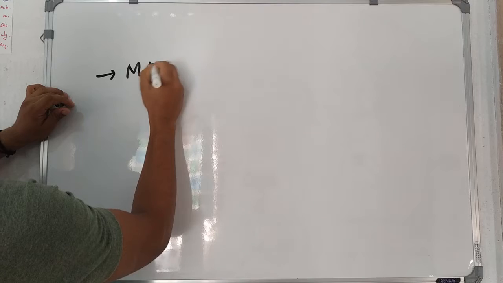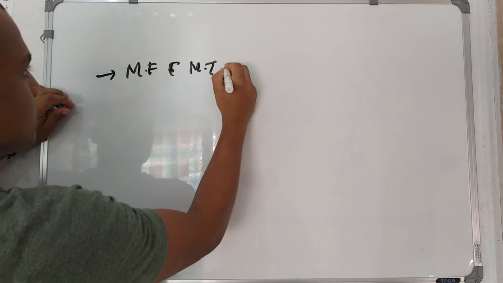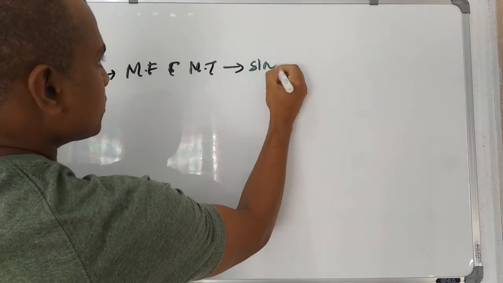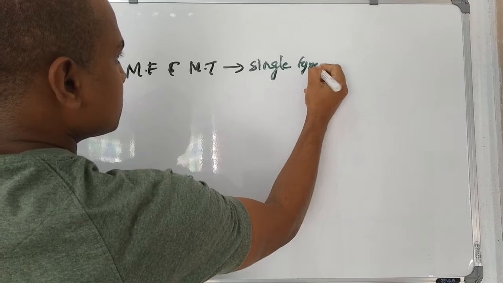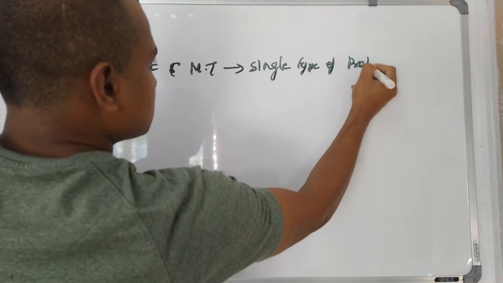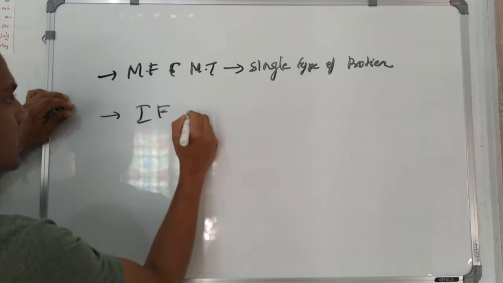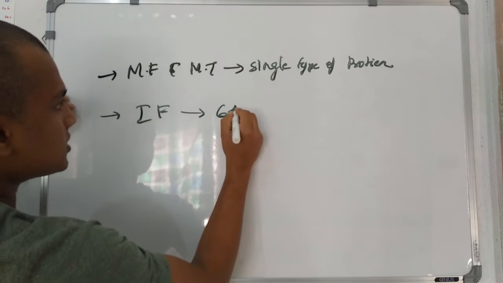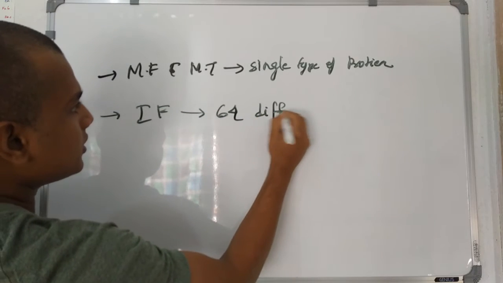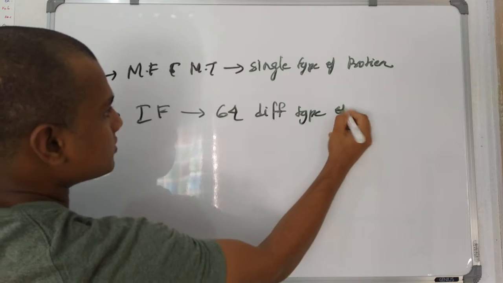The microfilaments and microtubules are made of a single type of protein, while the intermediate filaments are made up of 64 different types of proteins.